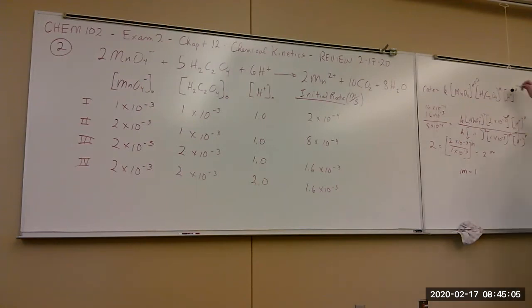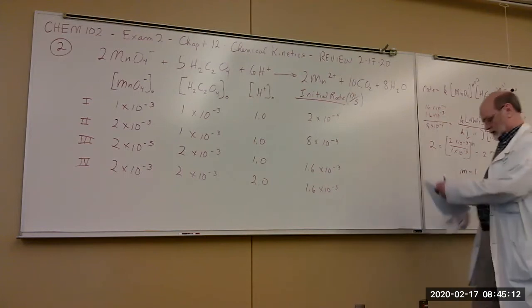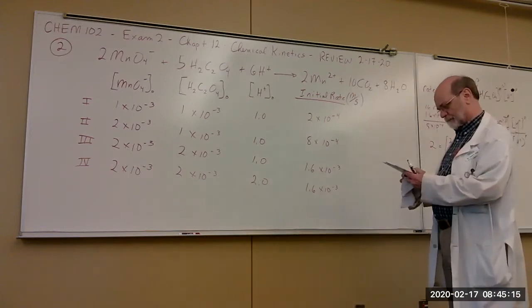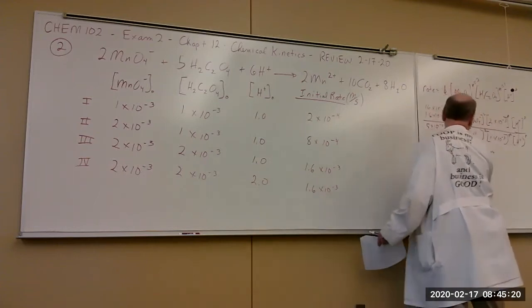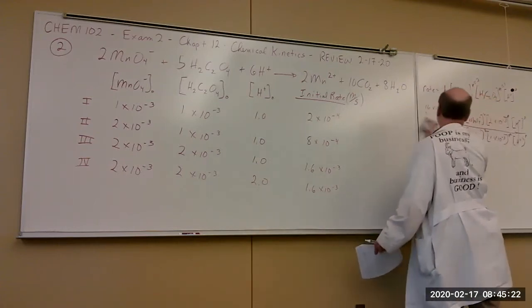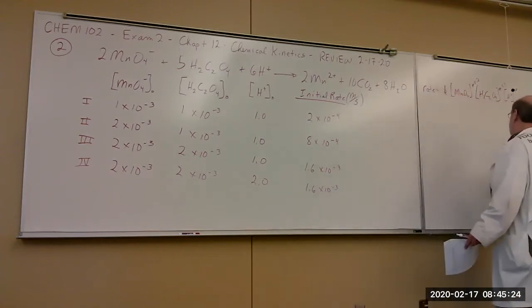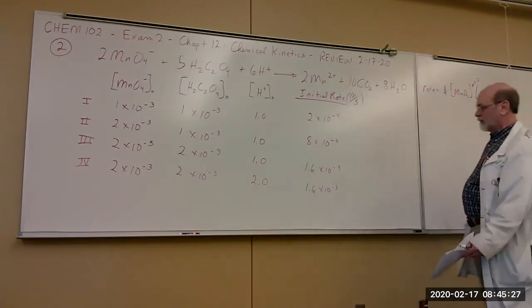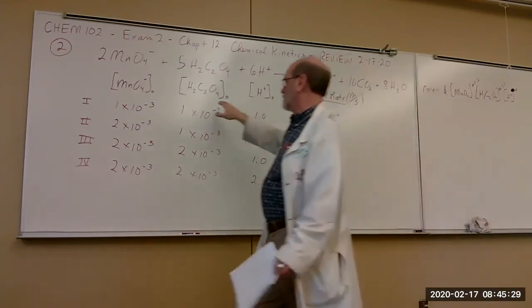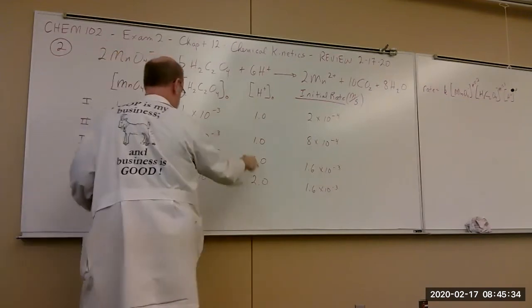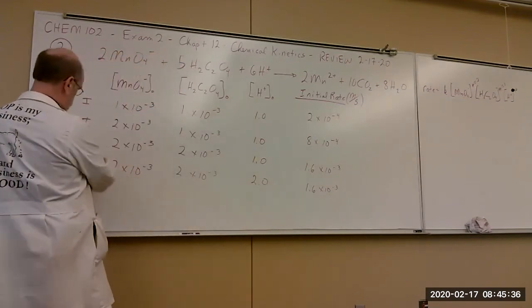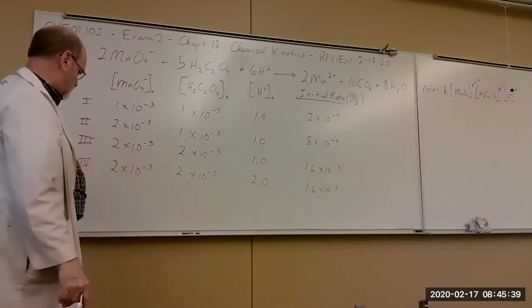Okay, so now we know this one, and we just have to do the one for hydrogen. Now we just need to hold manganate and oxalic acid constant and let this one vary. So it looks like 3 and 4 would fit that bill.